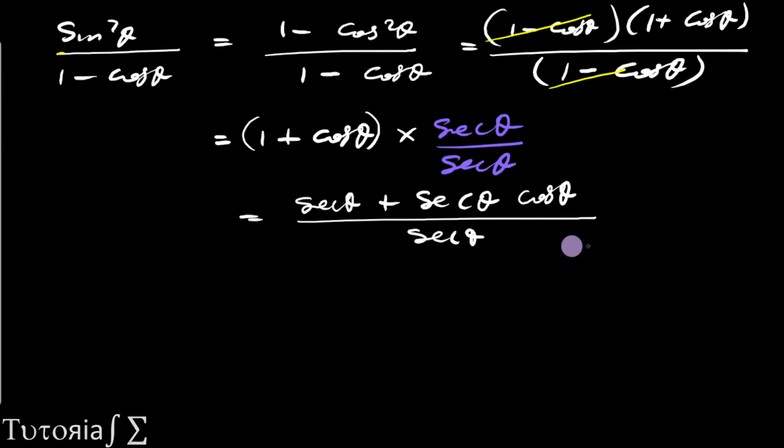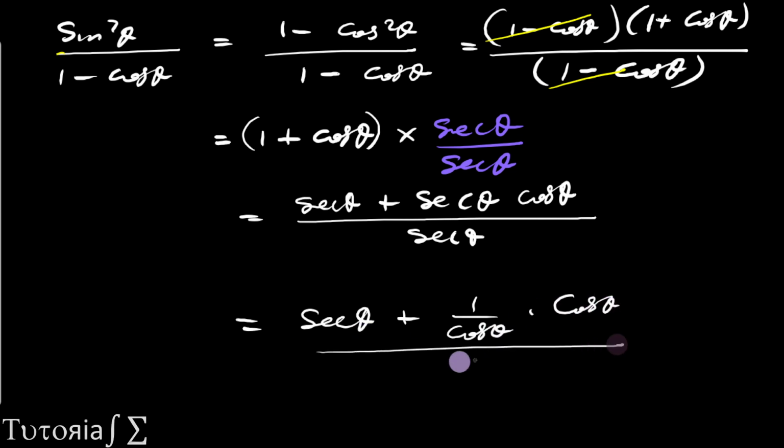And now we can simplify this. So we know that sec theta is 1 over cos theta. So this will be equal to sec theta plus 1 over cos theta times cos theta all over sec theta. Then this and this will simplify and we will remain with 1.